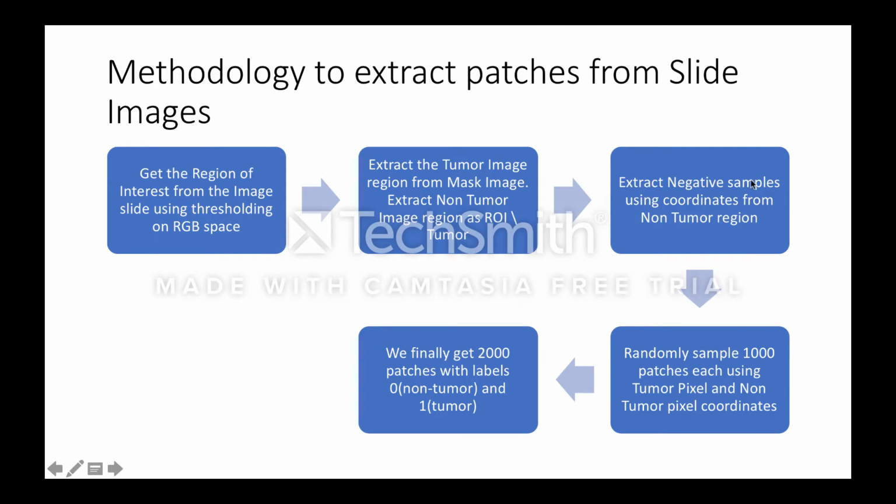We then extract negative samples using coordinates from the non-tumor region, and sample 1,000 patches randomly each, using tumor pixel and non-tumor pixel coordinates. So we finally get 1,000 patches from the tumor region and 1,000 patches from the non-tumor region, and we label them zeros and ones according to the class they come from. So this is the methodology I used to extract the patches.